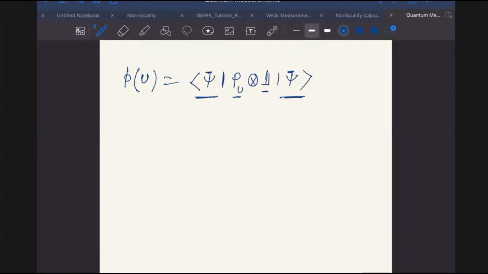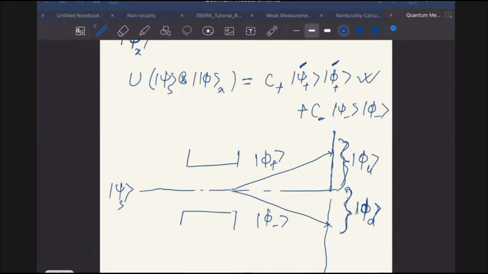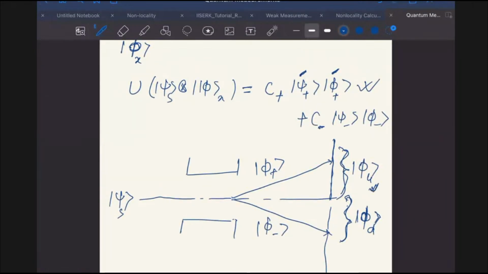Yes, this identity. This projector is formed of phi u, because I have assumed this from the picture. So this projector corresponds to the detection on the screen, not this association which we have discussed previously.